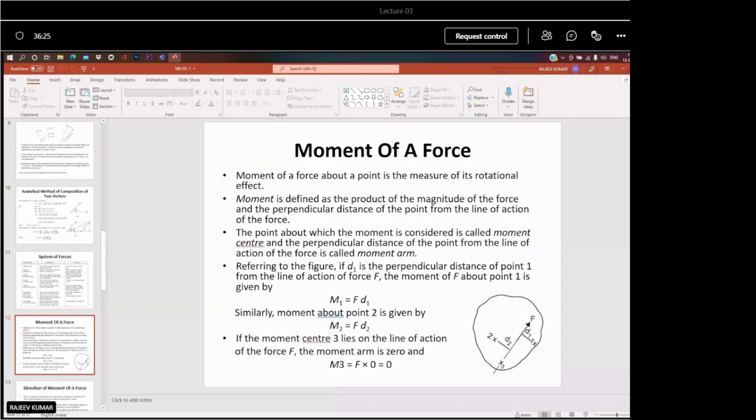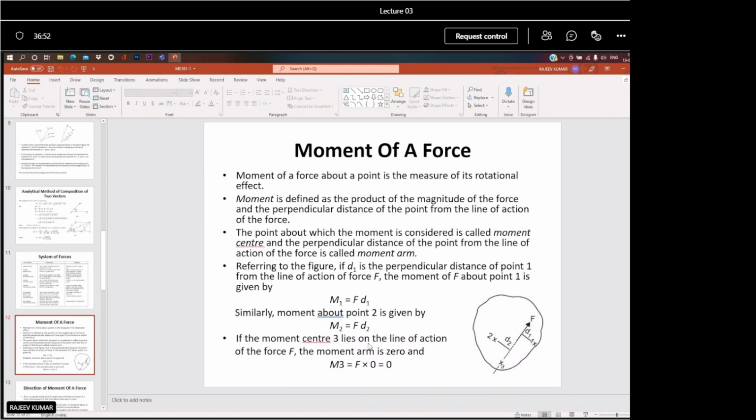And imagine that the force F is something else, F1, F2. At point 1x, at distance d1, force F1 is there. At point 2x, at distance d2, the arm length, force F2. And at point x3, which is a different point in this plane, you calculate the moment.